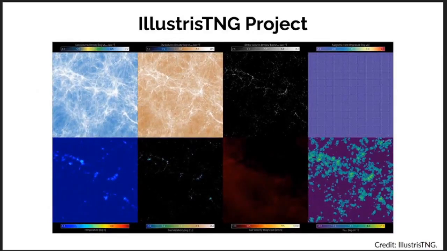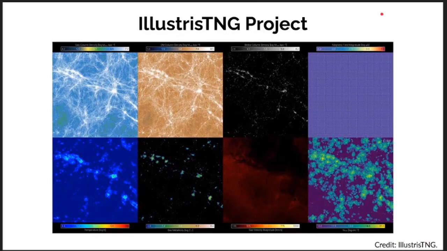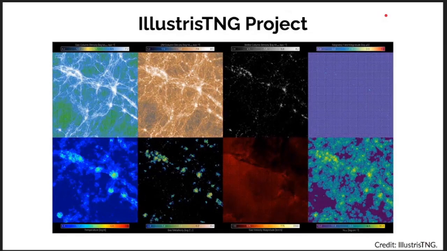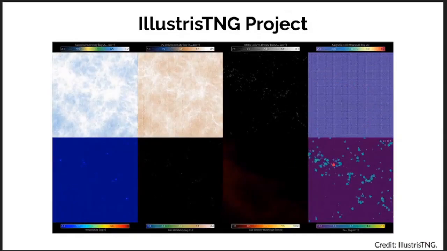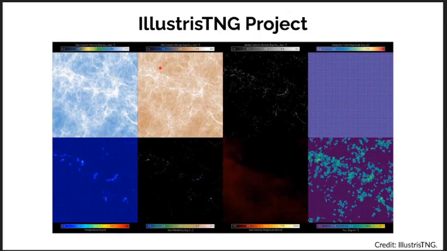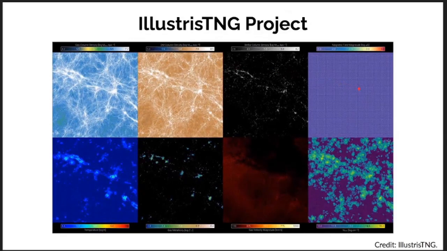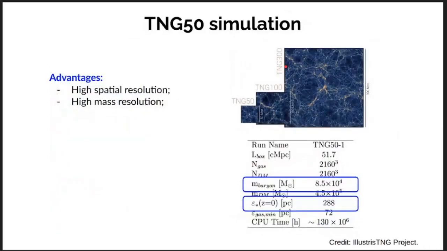And regarding the simulations, we use the Illustris TNG, which is a very recent simulation. It's fairly high resolution, and it includes many types of physics: magnetic fields, the basic gravitational interactions, baryonic physics, enrichment of the gas, and so on. We chose the TNG50 simulation inside the TNG suite because it has a high spatial resolution.